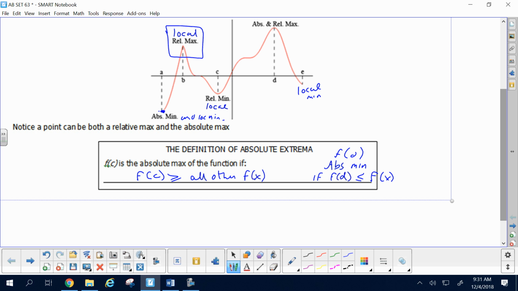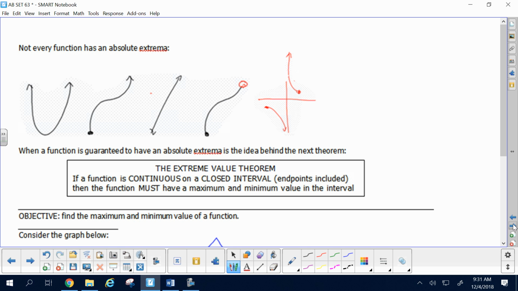Okay. Now then, sometimes you have an absolute min, sometimes you don't. So the next idea is, when do you have an absolute min? When don't you? When are you guaranteed to have it? Now, would you denote a few things? Wouldn't you agree that this is continuous? But it does not have any endpoints over an open interval. That first one doesn't have endpoints.